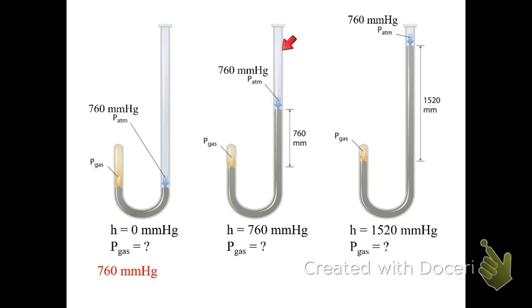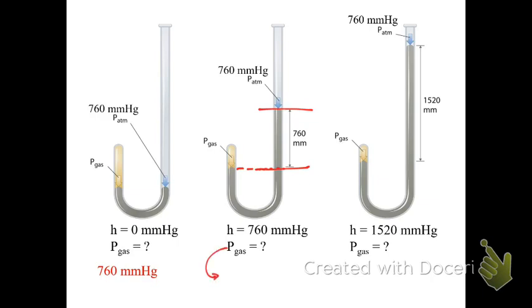For the second J tube here, we have, again, the pressure of the atmosphere, which is 760 millimeter mercury. And then now, we also have this height of mercury right here, which is equivalent to 760 millimeter mercury. So to get the pressure of this gas, all you have to do is add the height of the liquid mercury.